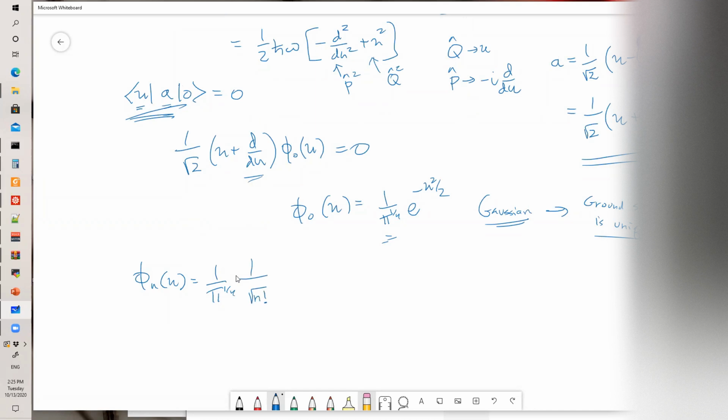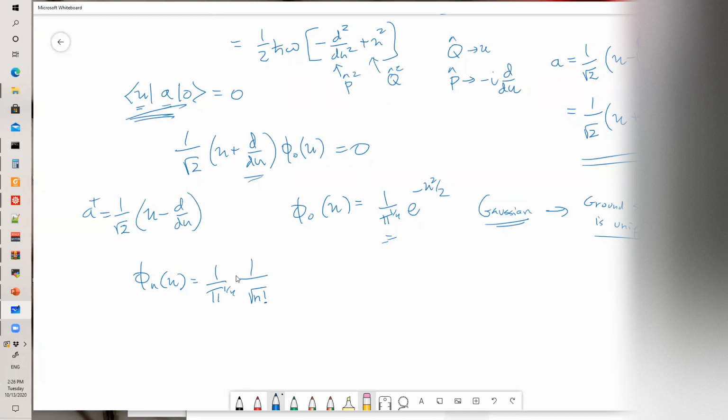And then what you do is you just apply the raising operator over and over again. And a dagger is 1 over square root of 2 in coordinate representation of u minus d du. Because remember that A had plus IP, this guy would have minus IP.